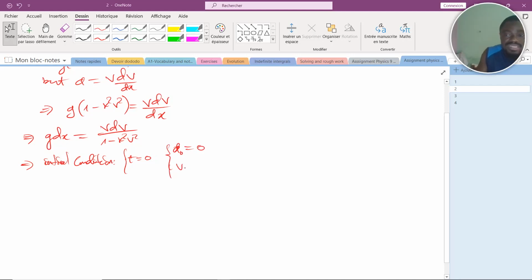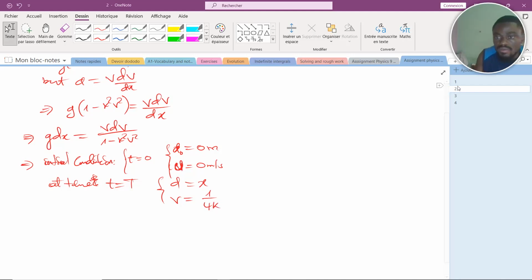The particle is leaving from rest, so its velocity was 0 meters per second. At time t equals capital T, the particle had covered a distance x, and its velocity was 1/(4k).